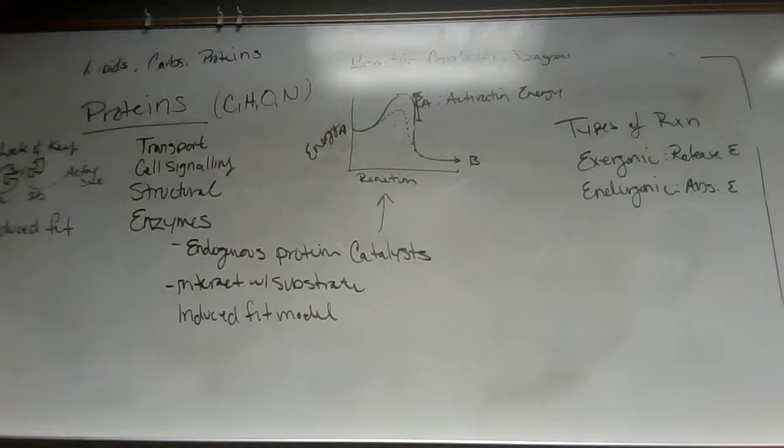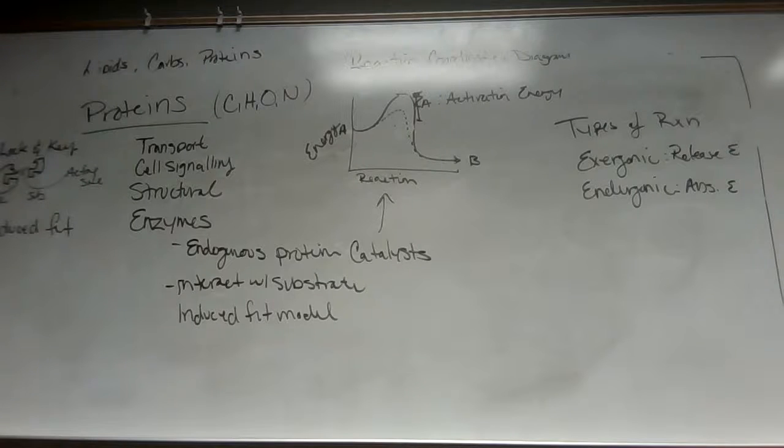If you put the wrong key in the door, it doesn't work. Induced fit, if it's a similar key and you try really hard and you shove it in there and you turn it a couple times. Does that make sense? Induced fit, it's less strict. We'll adapt around the substrate. Does that make sense?